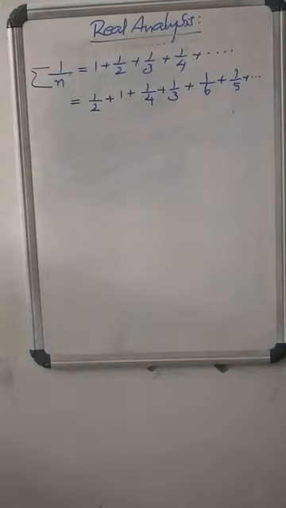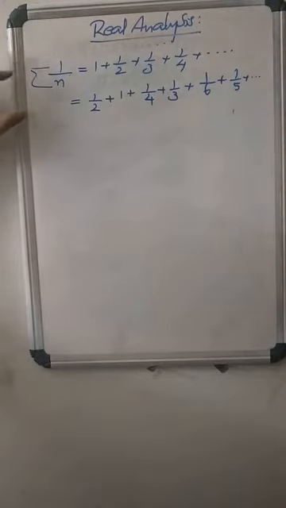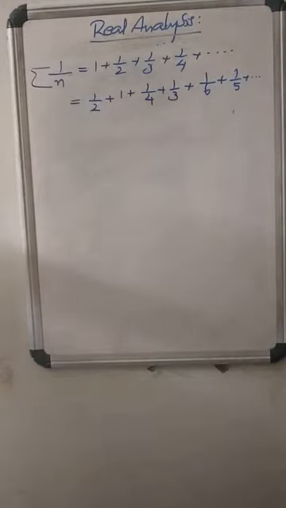This process is said to be rearrangement, not grouping. Grouping is by inserting brackets and grouping the terms. Rearrangement of a series means keeping the elements fixed but scrambling the order.